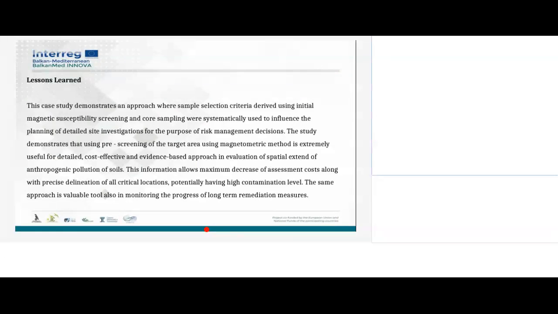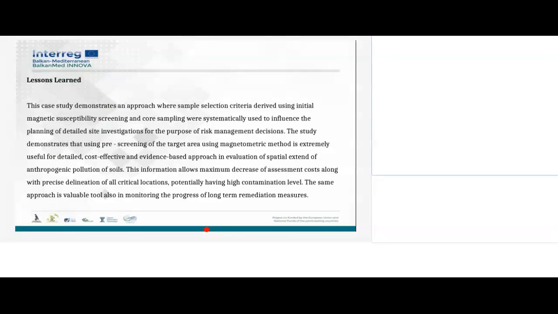As a conclusion, we may say that this case study demonstrates an approach where sample selection criteria derived using initial magnetic susceptibility screening and core sampling were systematically used to influence the planning of detailed site investigations for the purpose of risk management decisions.